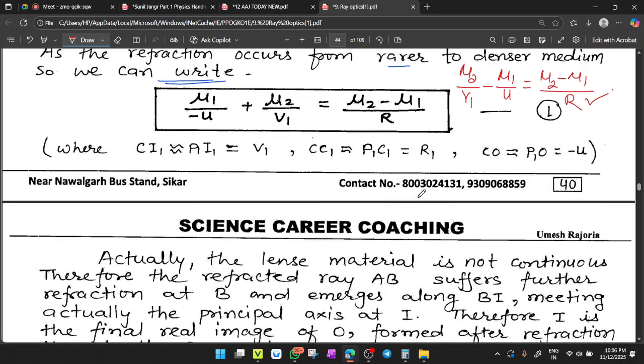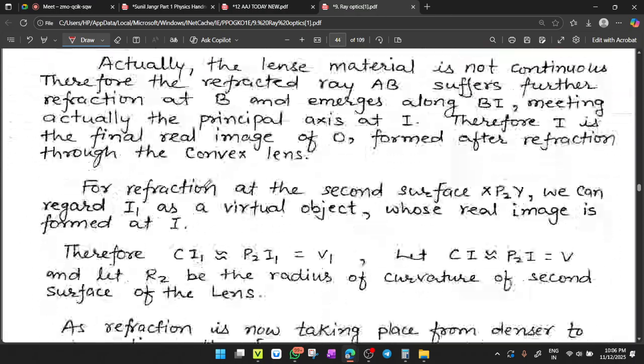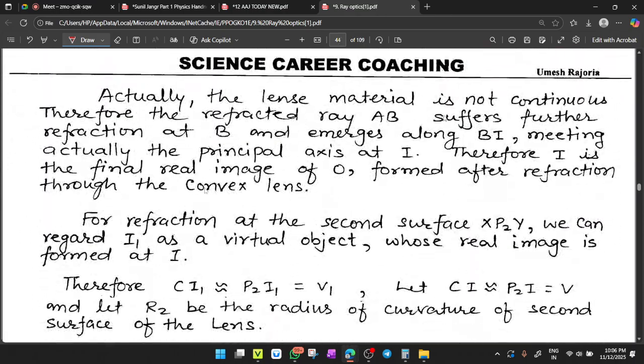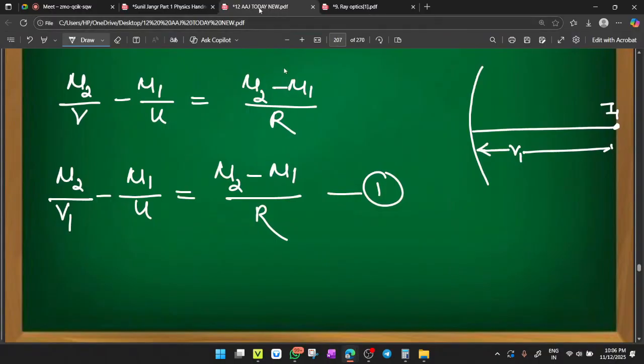Yes. So now actually, the lens material is not continuous, therefore the refracted ray AB suffers further refraction. We have seen so far the first part of refraction from this phase, from rarer to denser medium. Now again there is a refraction.